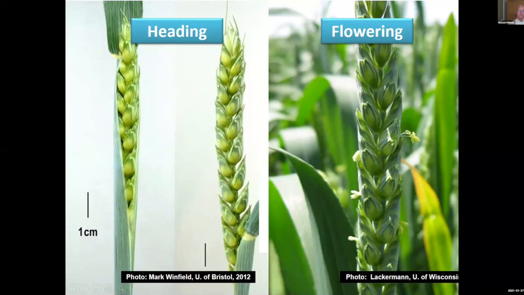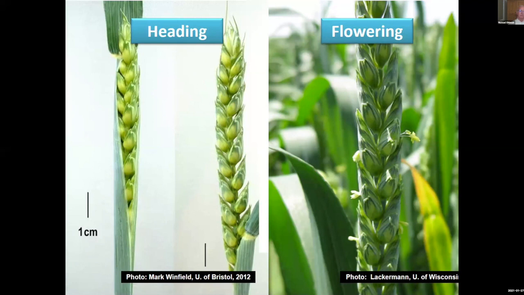This is the heading stage, and some people call it spike emergence. There are a lot of ways to define heading, but typically you define it as when 50% of the plants have a head emerged.